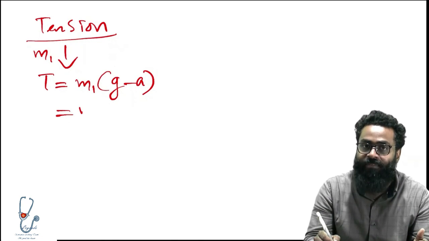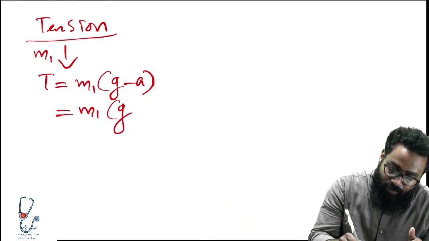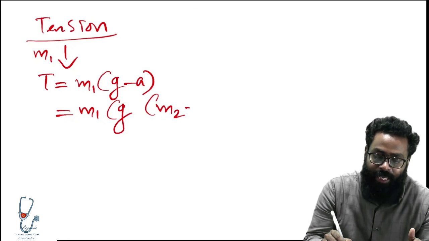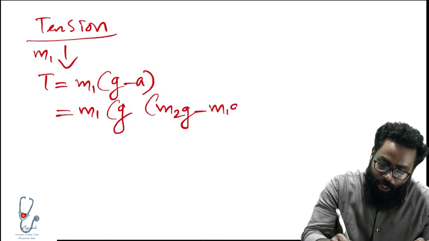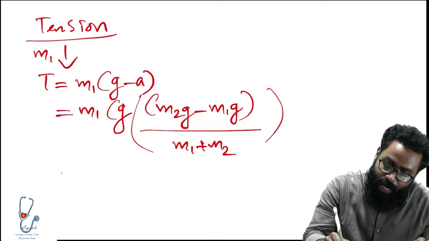So T equals m1(g minus a), and we already have a equal to (m2g minus m1g) divided by (m1 plus m2).